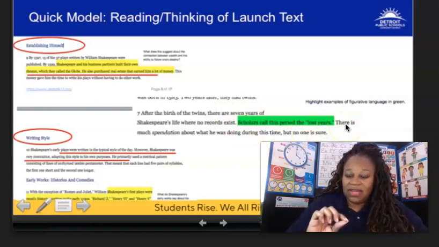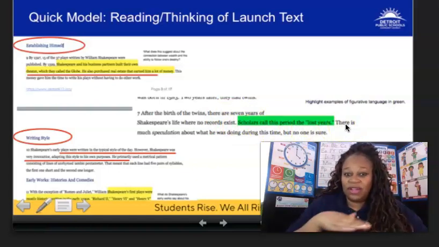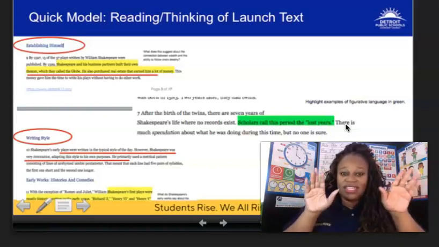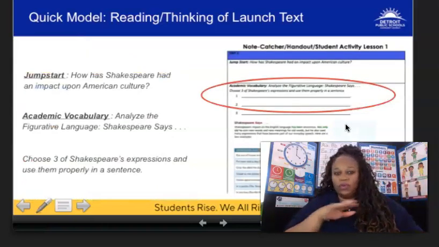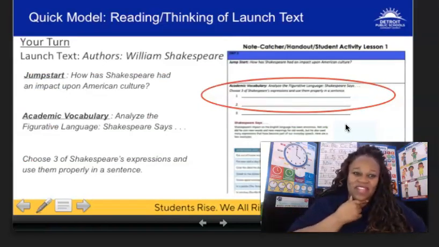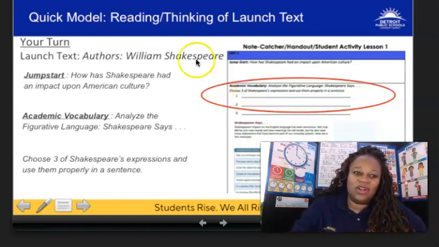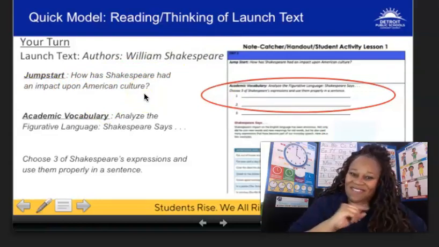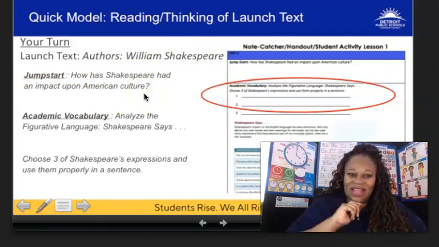There is a period in Shakespeare's life where no records exist. Scholars call this period the lost years. There weren't really lost years. That's an example of figurative language. So your jumpstart question, how has Shakespeare had an impact upon American culture? We just gave you a hint in answering that question.